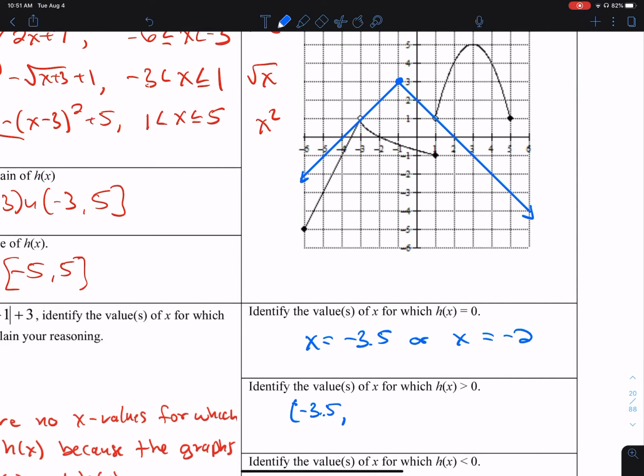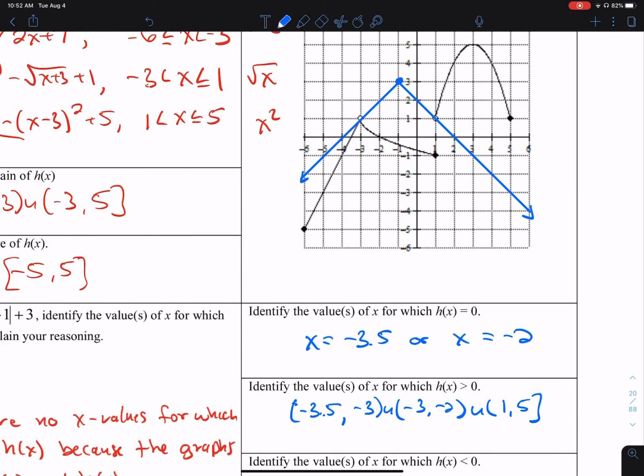And I need to clarify, although it is from negative 3.5 to negative 2, not inclusive, we are missing this point here at negative 3. So it's negative 3.5 to negative 3, skips over it, then goes from negative 3 to negative 2, and then goes from 1 to 5.